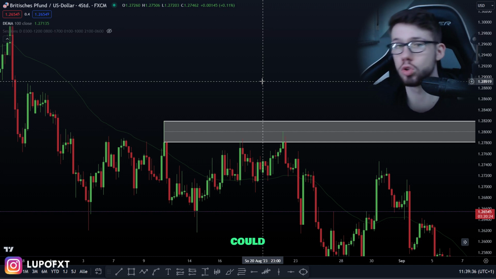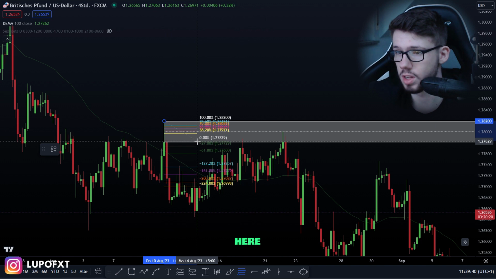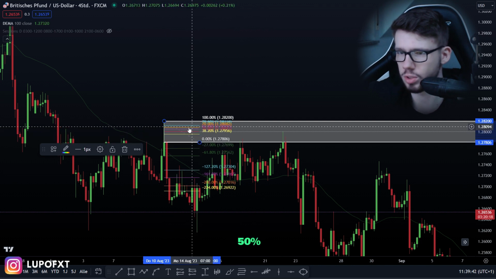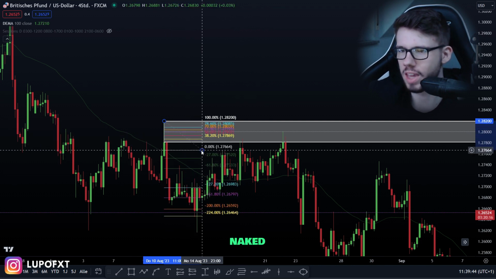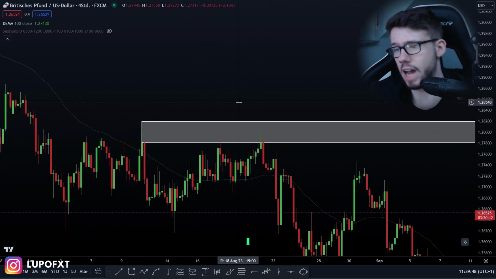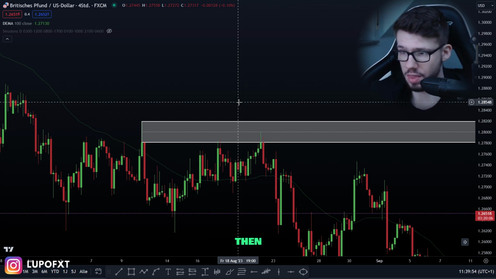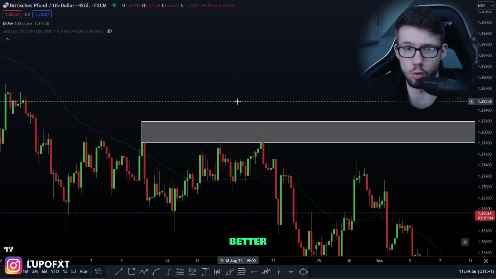You could also put your Fibonacci tool on here, from here to here, and take the 50% of it, but you don't need that. I think the naked eye can already see that this is the middle line of this box, and I just love whenever price gives me the opportunity to sell from the middle of this key level, because then we have a better risk to reward.